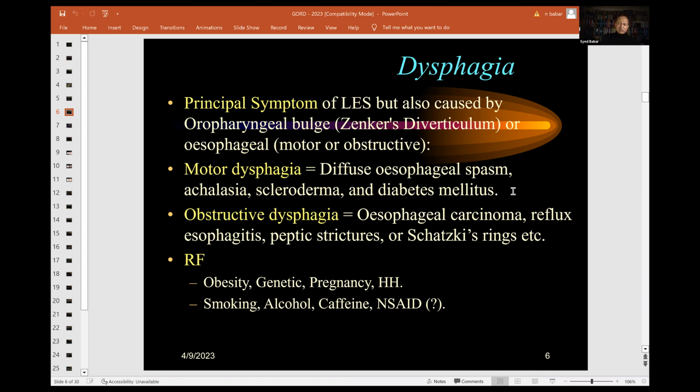about gastro-oesophageal reflux disease, one of the principal symptoms it produces, which makes it easily recognizable, is dysphagia. Dysphagia is a condition where there is difficulty or inappropriate swallowing.